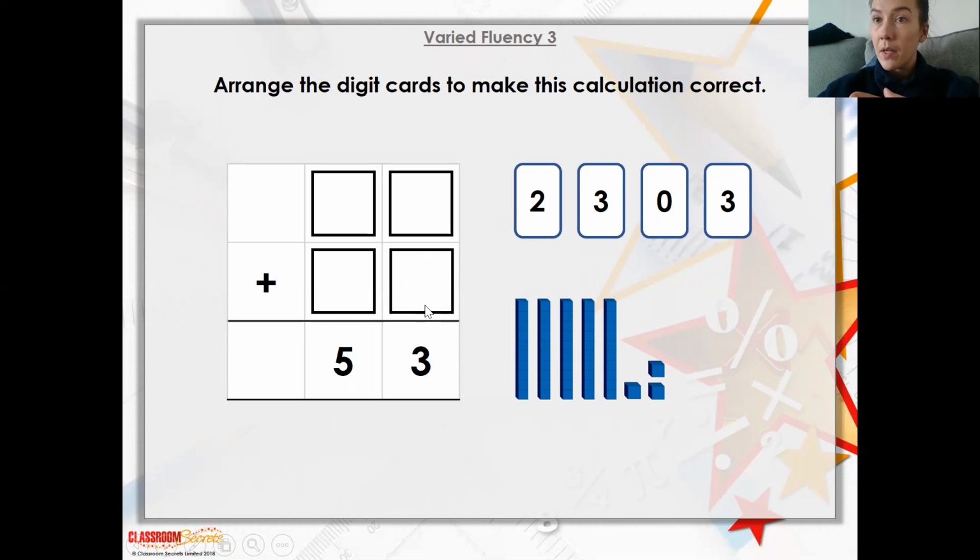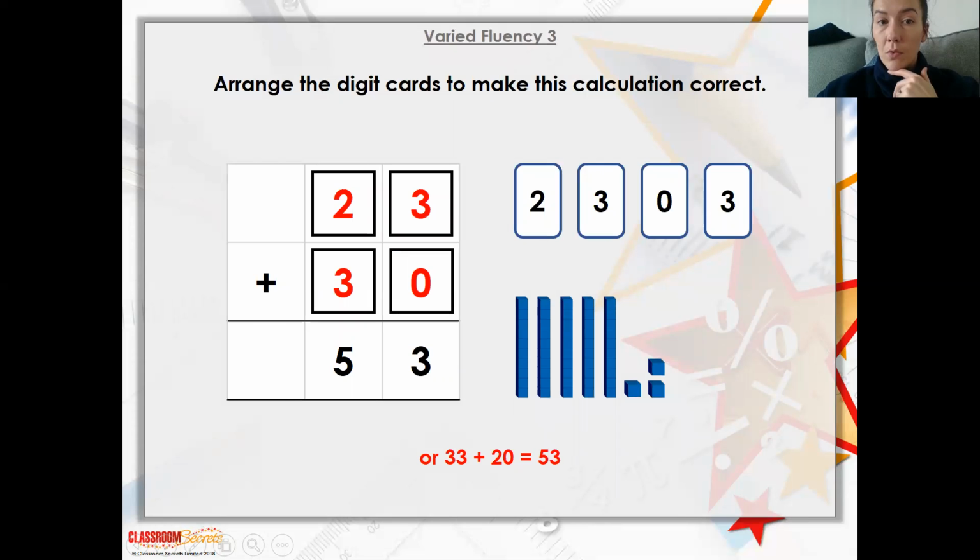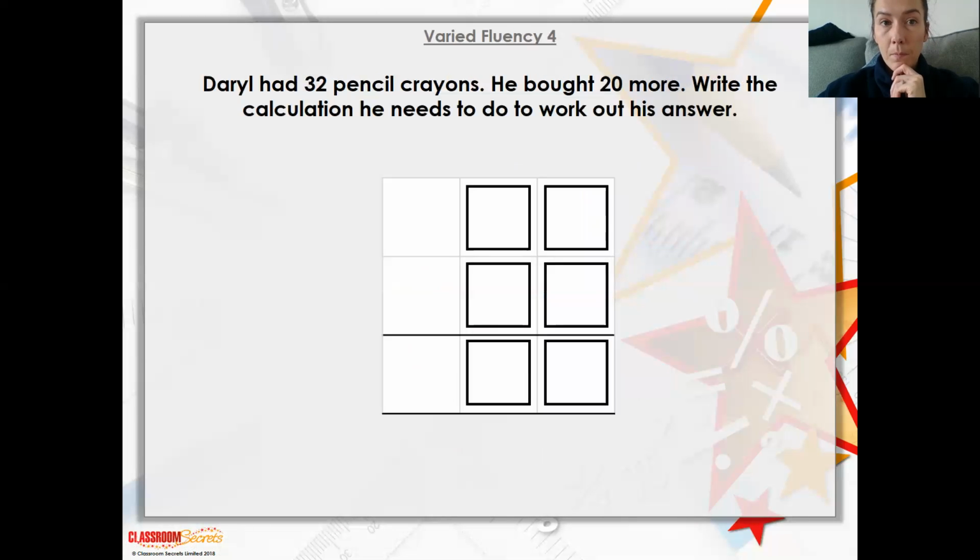And we know today that we're not going to be dealing with the ones as much. And then I need to figure out, right, what 10s add up to 50? And it's going to be 2 add 3 or 20 add 30, which represent the 10s. Or on the bottom there, we could have 30 add 20. So there's two ways that you could have done that.